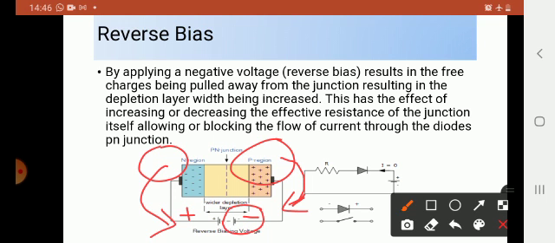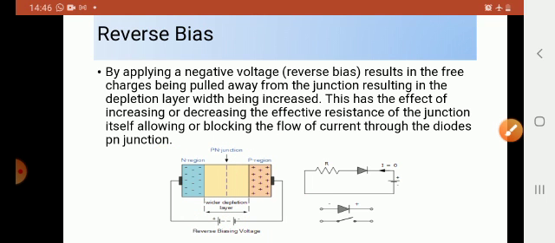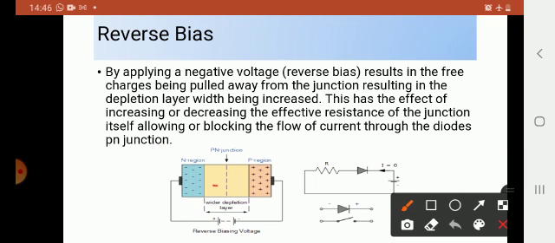So when the electrons and holes move toward the terminals, what is going to happen? The depletion layer will increase. The width of the depletion layer is going to increase, and because there is no flow of electrons here, it acts as an insulator, and current will not flow.